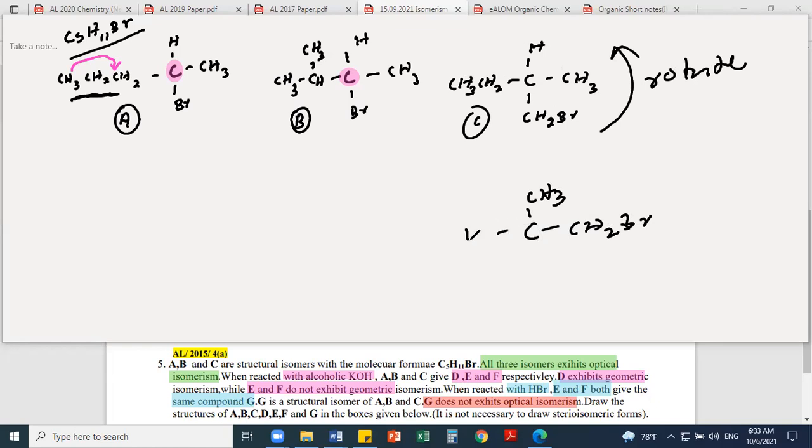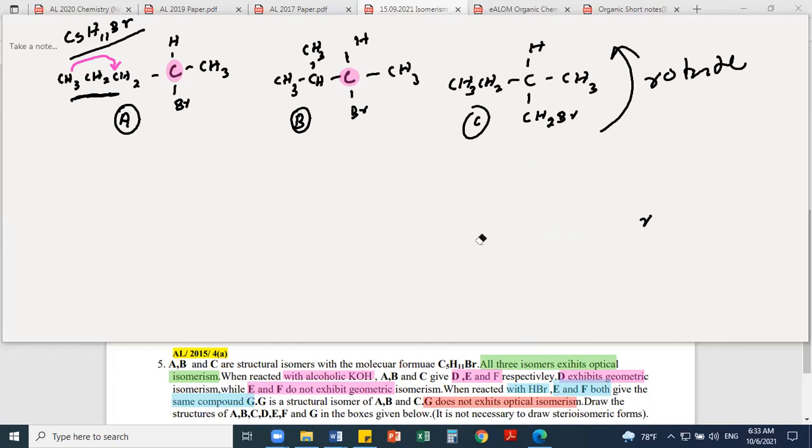Then here you get hydrogen, and here you get CH3, CH2, CH3. Then they say this is the other structure, so we can draw 4 structures. No, this is the same thing. These two are equal, right? You can't just rotate it in any direction and tell that's a new structure. Be careful about that.